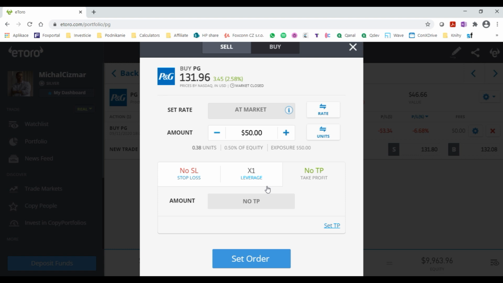If you are a long investor, this is how you should do it. Because there are some stocks, obviously, which can rise in 1 year even by 100, 200, 1000. And in this case, if you would have some take profit stop, it would automatically be closed by eToro.